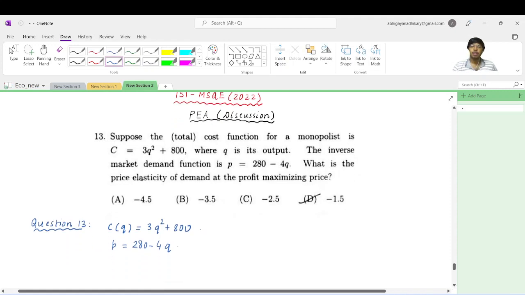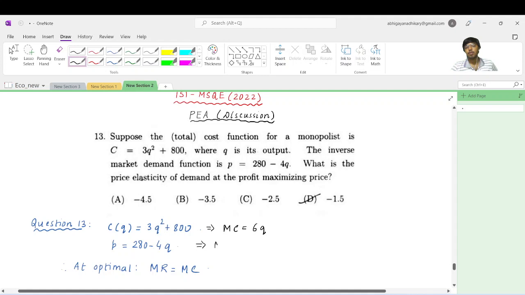So first let us obtain the profit maximizing price. We know that at optimal, what is the optimal for the monopolist? It is marginal revenue equals marginal cost. Given the cost function, what will be my marginal cost? It is 6Q.